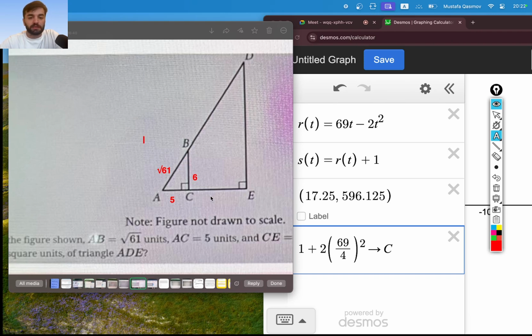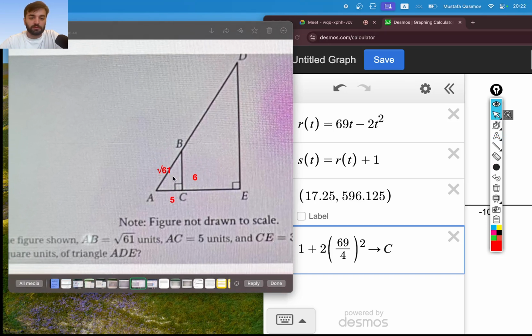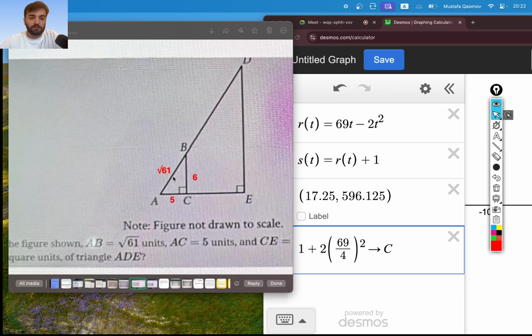Yes. Okay, and CE is equal to, I think it was 25, no, 35. Okay, this one is 35. Then you have to think of it like that. For the smaller triangle it is 5 and 6, right?